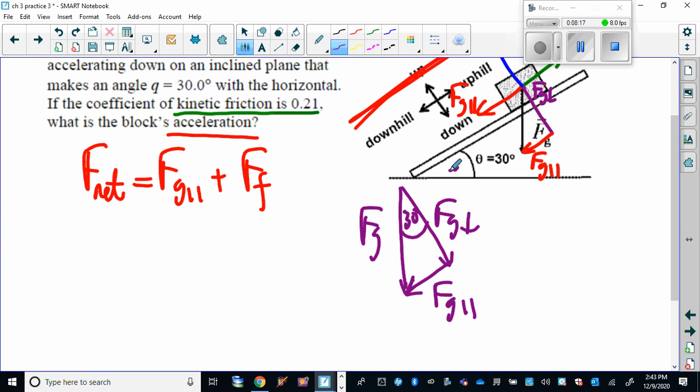We know that the mass is 30 kilograms, and so 30 times 9.81 equals 294.3 newtons.